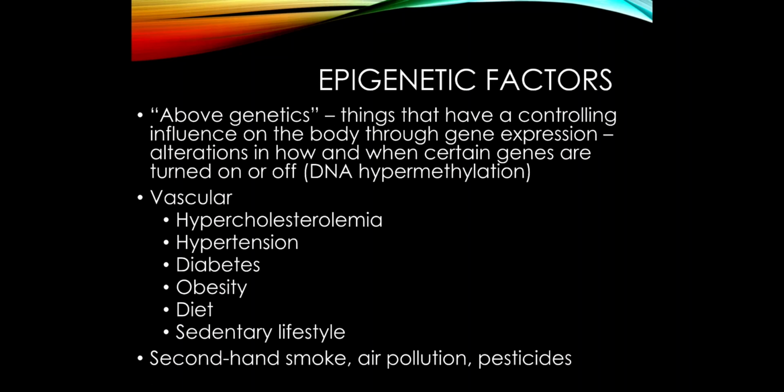And so the most important epigenetic factors for Alzheimer's relate to things that would contribute to vascular pathology. So hypercholesterolemia, hypertension, diabetes, obesity. So in other words, these are lifestyle things that have a very real effect on one's risk of developing Alzheimer's. Diet, there are some interesting studies.